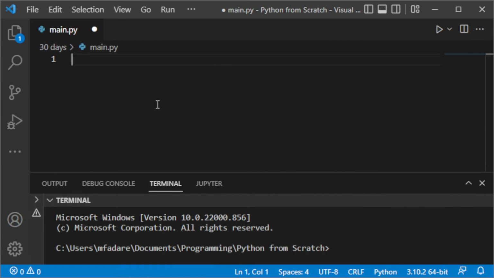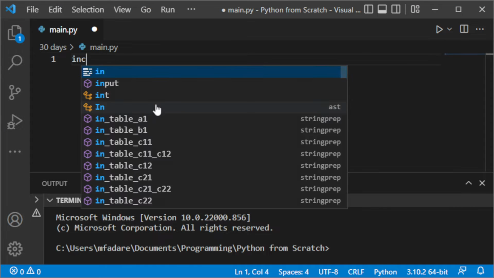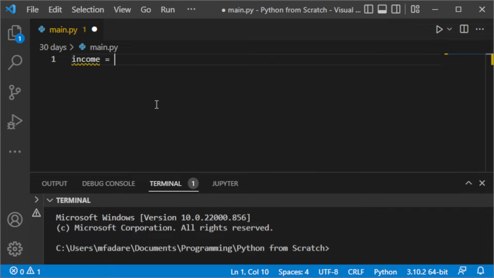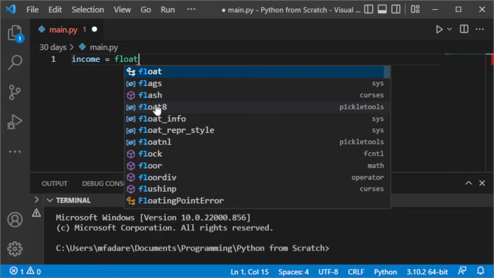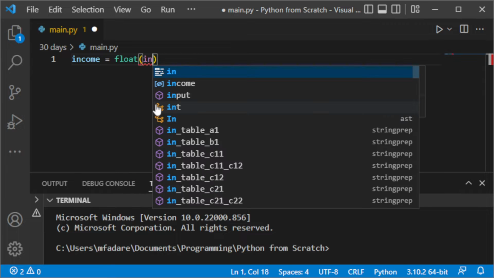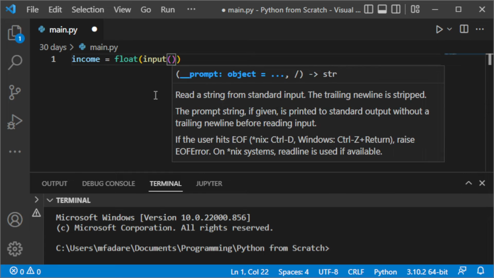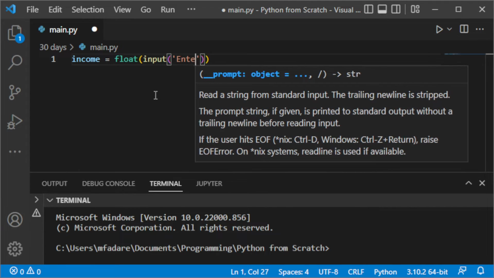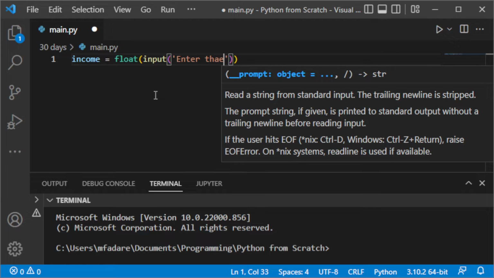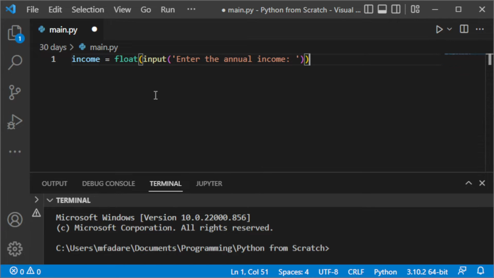All right, so let us have our skeleton code out. We'll be collecting an input and casting it into a floating point. So we are asked to enter the annual income. Then we should write our code here.